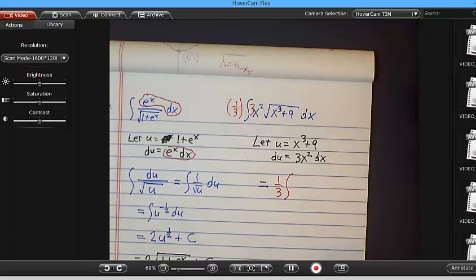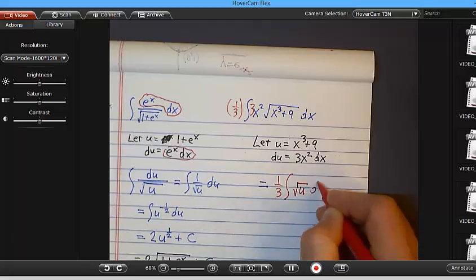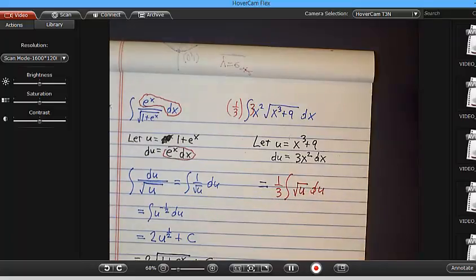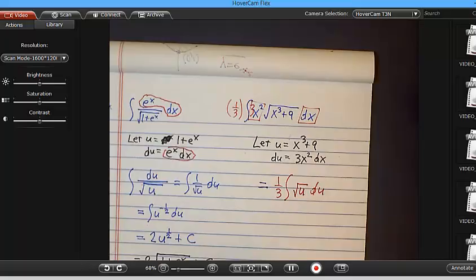Well, do you see that this is going to be the square root of u du? Does that make sense to you guys? Because the du is all this stuff right here that I just put in the box, 3x squared dx. You guys follow?